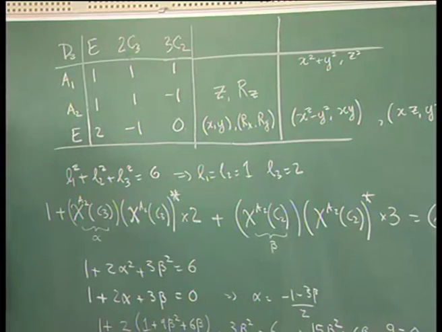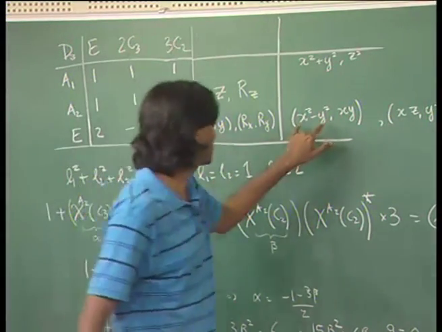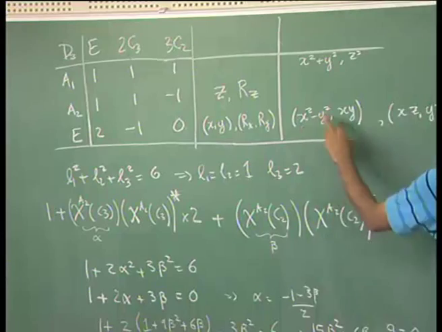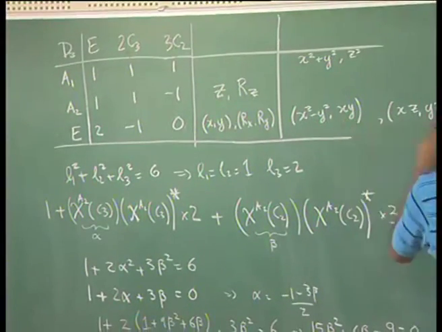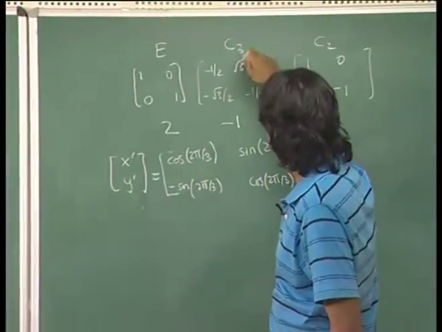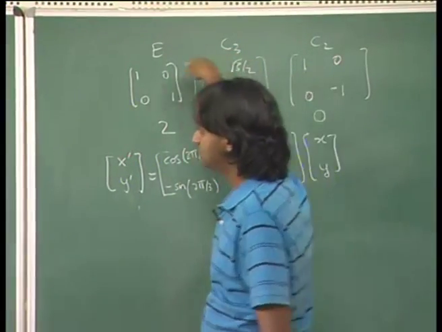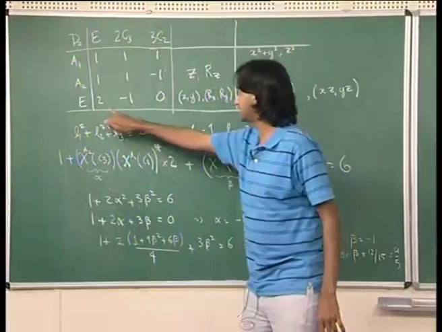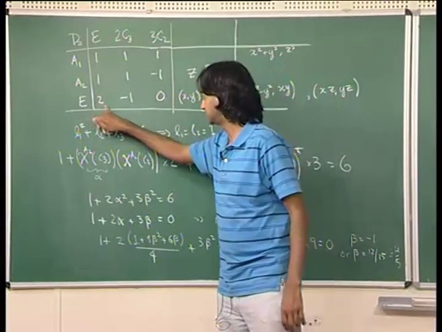If you had a vector like x square minus y square and x y, which had two components, you could see what is the effect of identity, and that will have a character of 2.